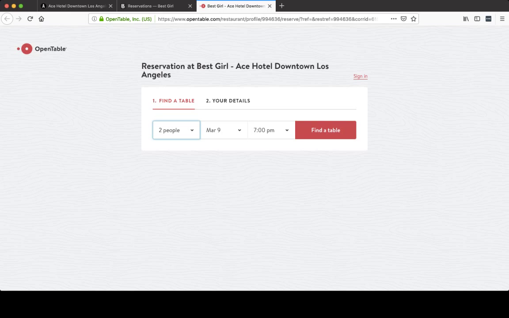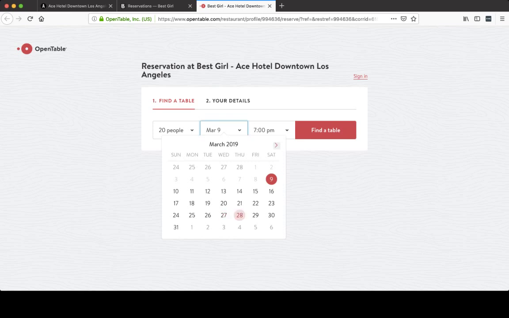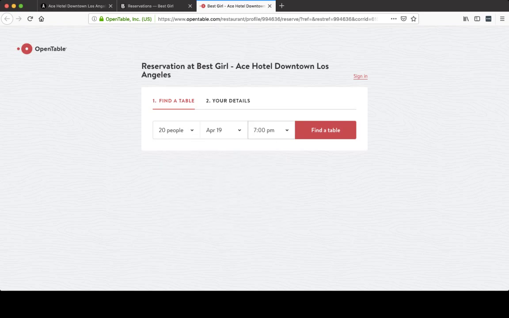It says 20 people max. I'm going through the reservations. You guys can see this on the live stream. I'm just seeing what's available, going through here on the browser.